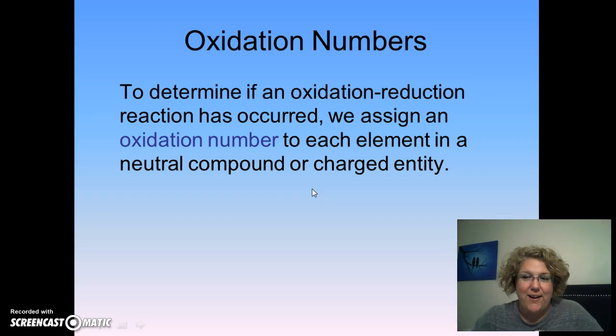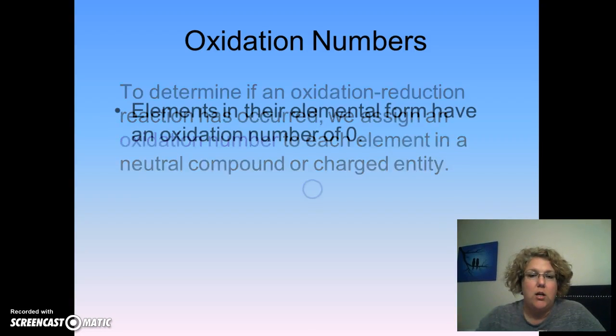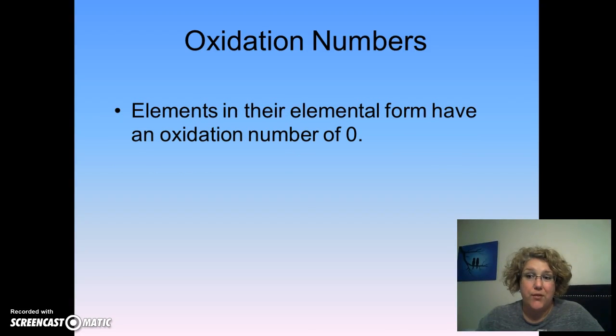All right, so to figure out oxidation numbers, if you know how to write formulas, you've got a majority of this down. The oxidation number is very, very similar to figuring out the charge. So, some rules. First of all, pure elements have no charge. So the gold in my ring, the oxygen floating around in the air, none of these elements have a charge yet because they haven't reacted with anything.